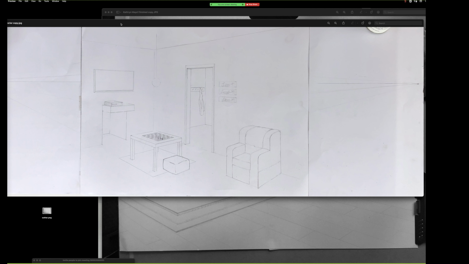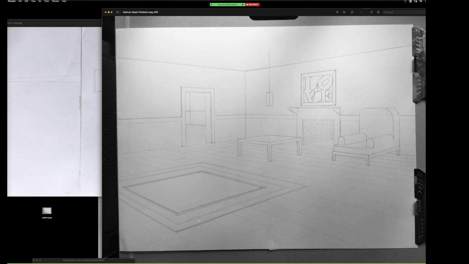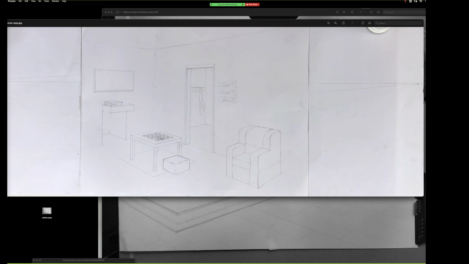They're both very cool drawings, but one has a radically different feel than the other. One has a much more open, expansive sense of space, the other a tighter field of view. They're both 18 by 24 sheets of paper with the addition of these two wings, which I'll get to later on either side.